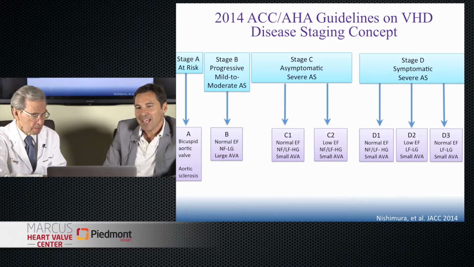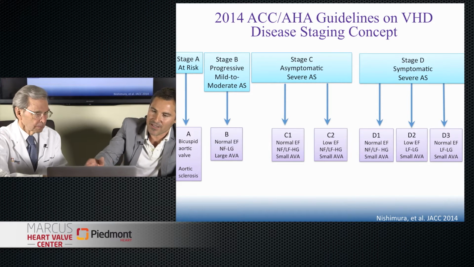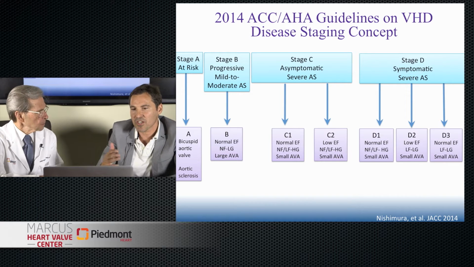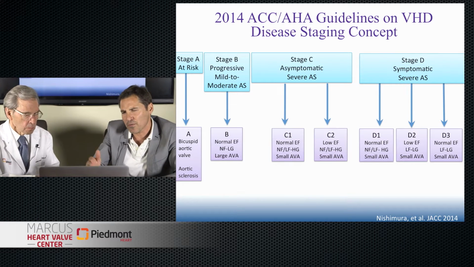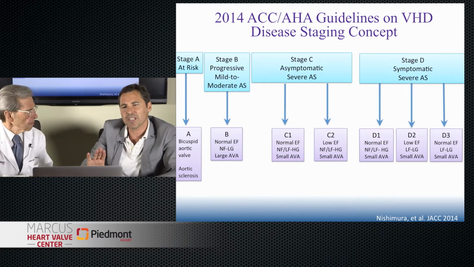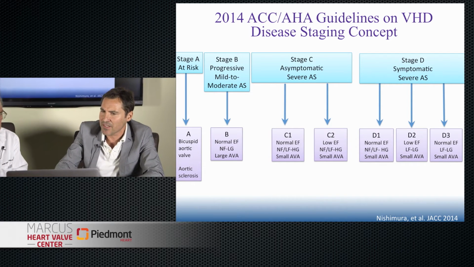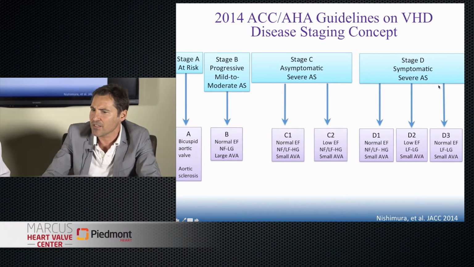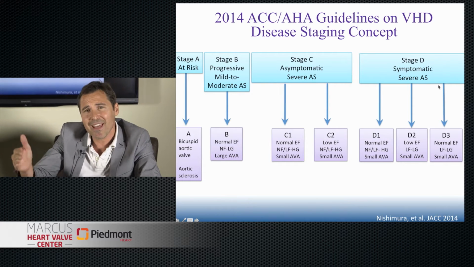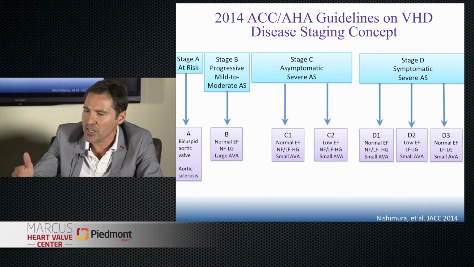So this is again the disease staging coming from Nishimura and the guidelines, just to highlight exactly the definition. So stage A, B, C, D, we will not go through, but anyway, what is important, we can identify stage C in asymptomatic severe AS and stage D in symptomatic severe AS, and we can have different categories in each arm.